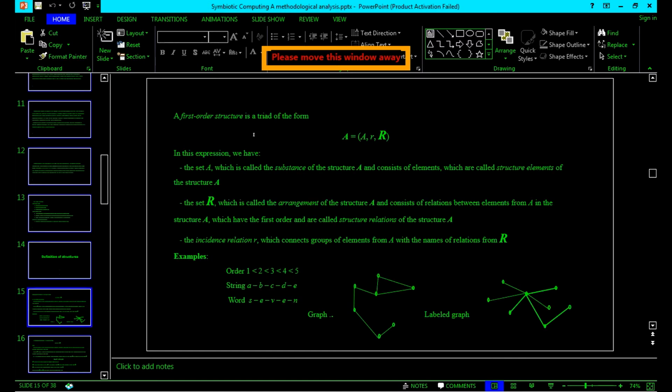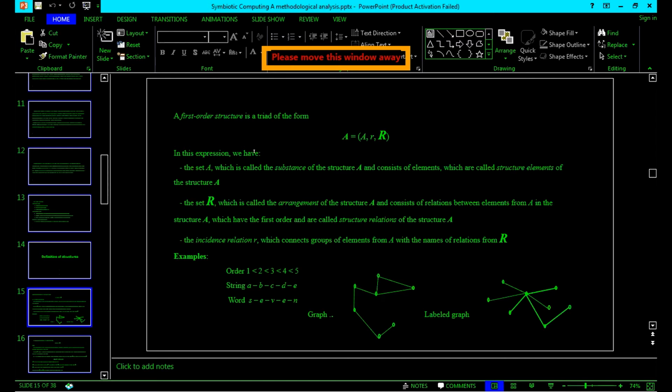So we have on the first level, first order structure. And a first order structure is a triad of the following form: A bold is equal to A capital, R small, and R capital bold.